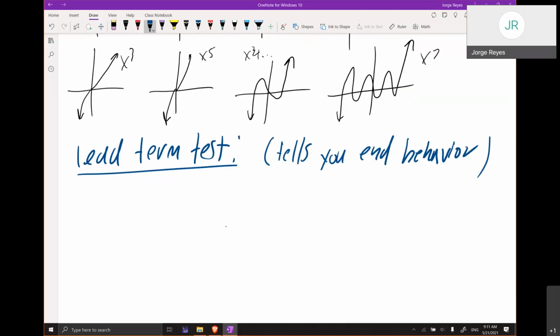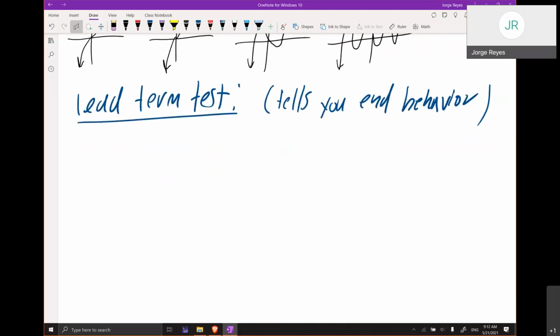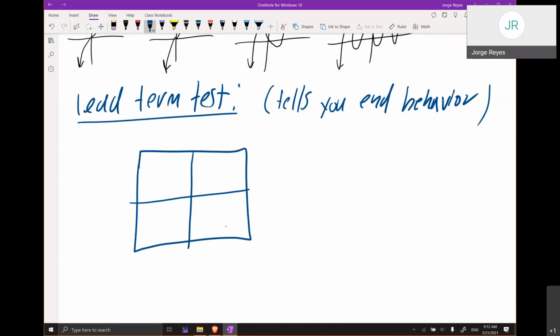Okay. So there's this table. Well, there's like a chart. We're going to look at the degree, and if the degree is odd or even, something happens.